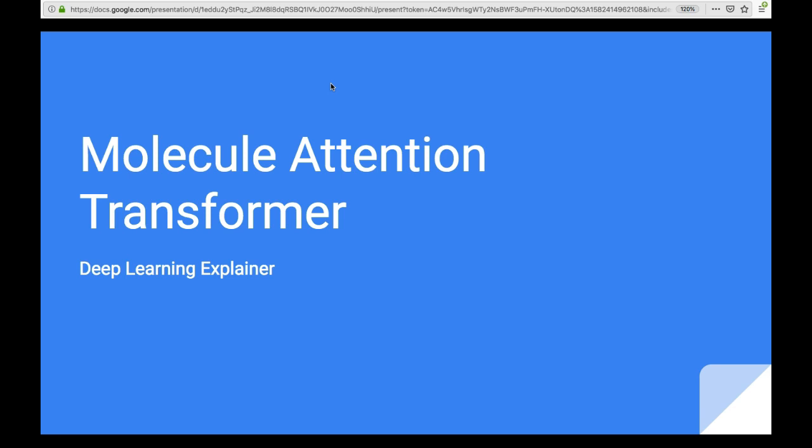So this is the paper that I read recently, and it was also published just recently. I remember just a few days ago, and immediately when I saw it, I felt it has the potential to revolutionize the way people do drug discovery or material design. I'm very interested in these kinds of things.